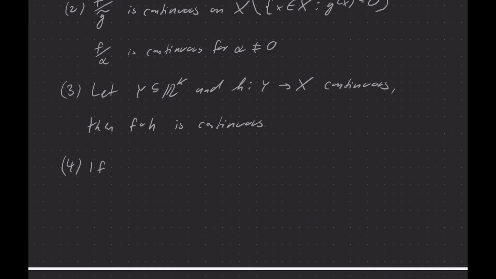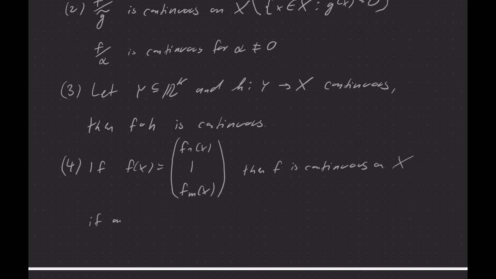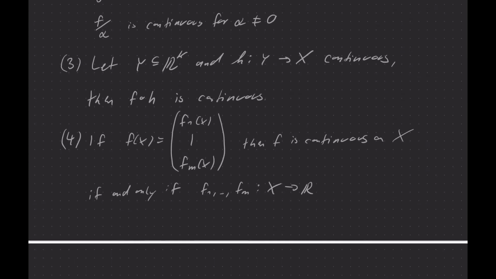So if f of x is of the form f1 of x to fm of x, then f is continuous on X if and only if f1 and f2 and f3 and so on up to fm, that are functions that map the domain X to R, are all continuous on X.